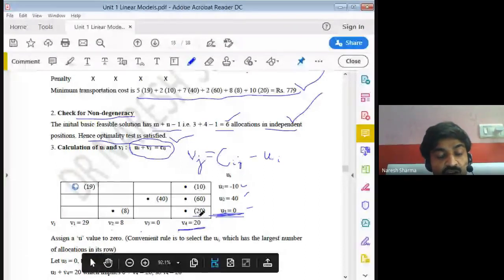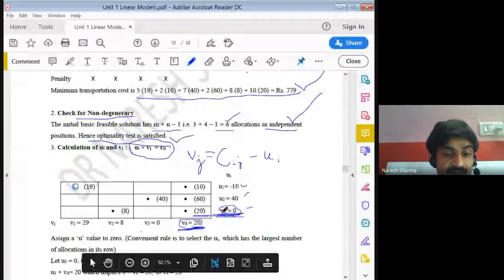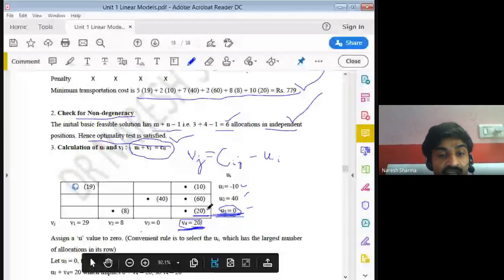If it is known to us, I just subtract: 20 minus 0, that is your v4, because the sum of this v and this u should be this Cij as per this formula. So if I have u3, I just subtract it from the cost.